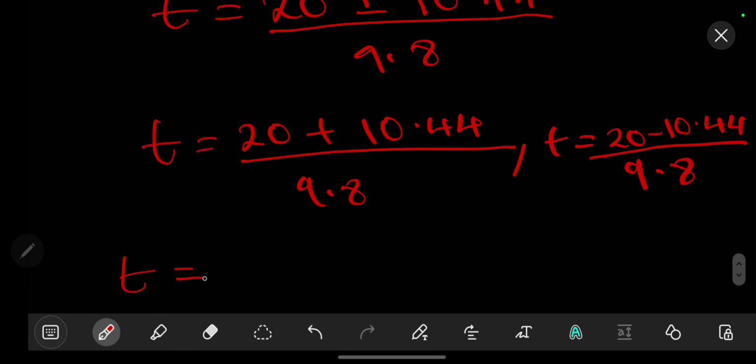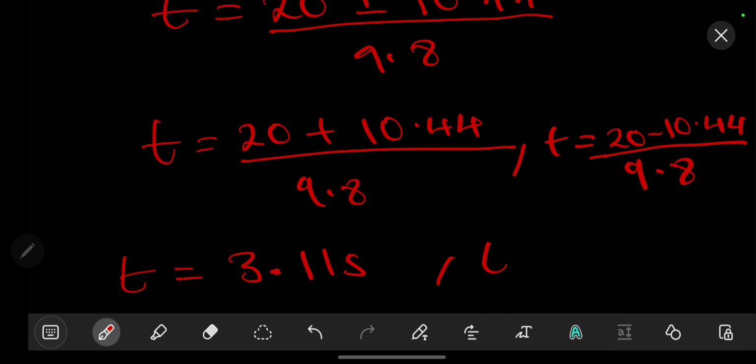When we add 20 plus 10.44, we get 30.44. We divide 30.44 by 9.8, which gives us a value of 3.11 seconds.